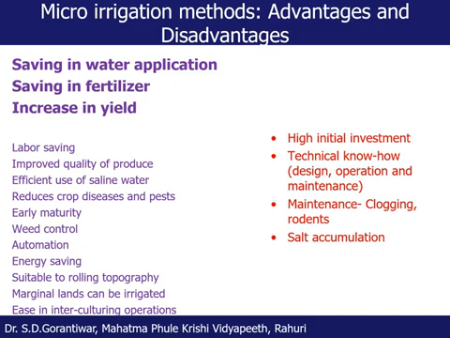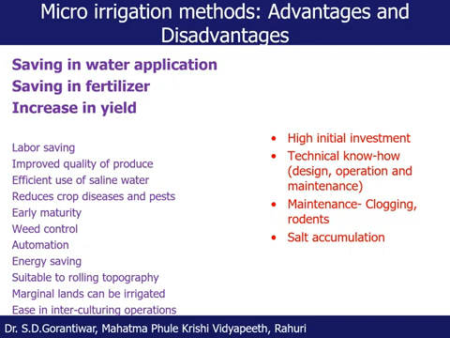This method is suitable for rolling topography. As you know, in the case of the surface irrigation method, as water has to move over the land surface, the land needs to be leveled actually. If we don't level the land, water won't move along the layout of the surface irrigation method, or water will be ponded.